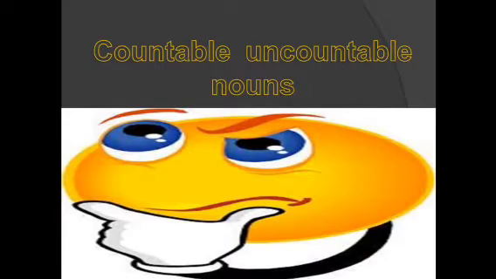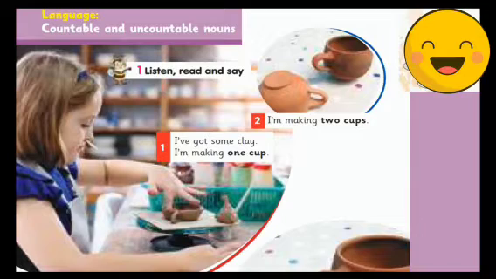Okay, what I want you to do is open your book, please. Page number 30. Here, I want you to listen, read, and say. Listen. 1. I've got some clay. I'm making 1 cup.